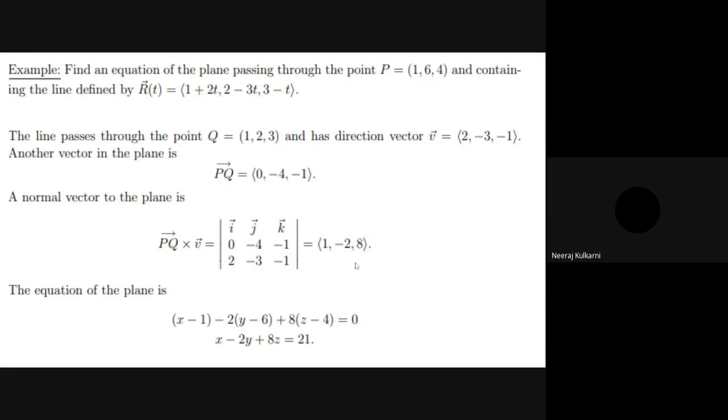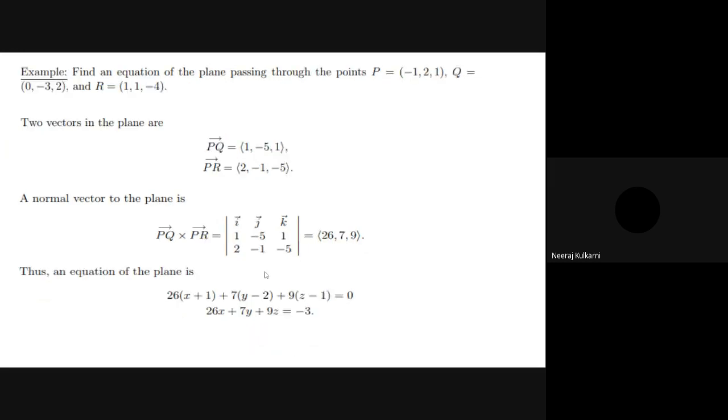So we did the cross product here and we got the vector (1, minus 2, 8). Now we have a normal vector and one point that lies on the plane, so we can write the equation of the plane. So 1 into x minus 1, minus 2 into y minus 6, plus 8 into z minus 4 will be equal to 0. Solving that, we get x minus 2y plus 8z is equal to 21.